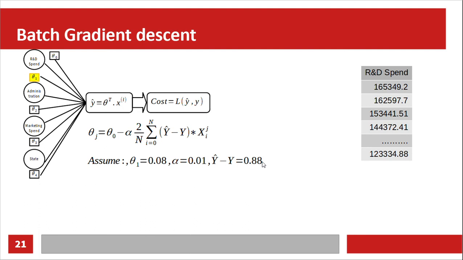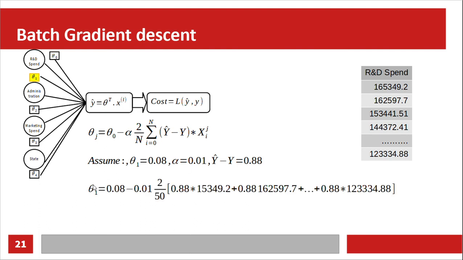Let's say it's 0.88. So theta 1 will be this one multiplied by x, plus this one multiplied by x, which is this value, and so on until getting the last one. Then multiply by 2, divide by n, and also this one. It's a very simple, straightforward equation.